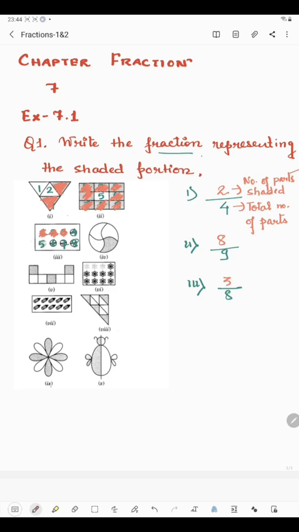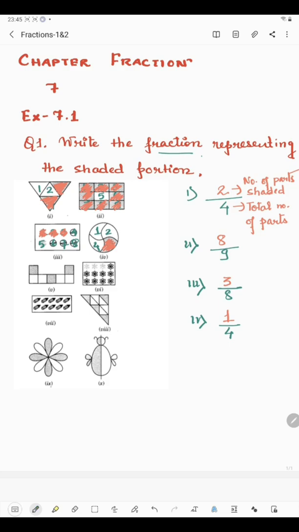So the fraction will be 3 by 8. Now in the fourth part we have 1, 2, 3, 4. Total parts we have 4, and out of total parts 4, only one part is shaded. So the fraction will be 1 by 4.